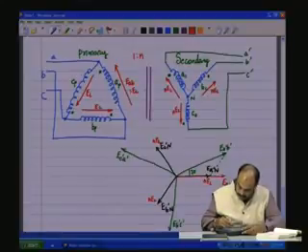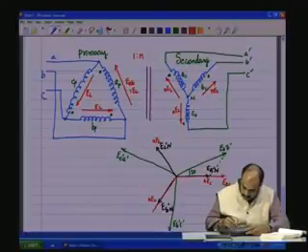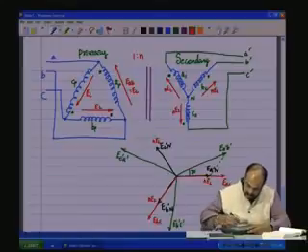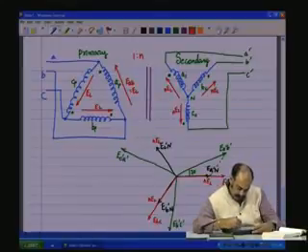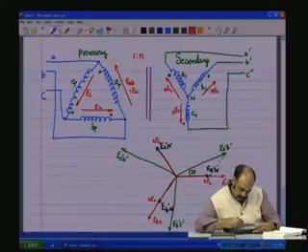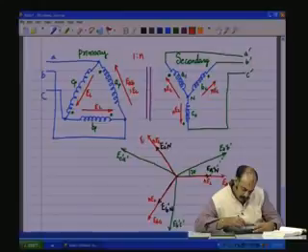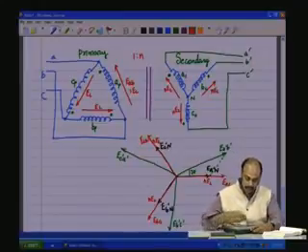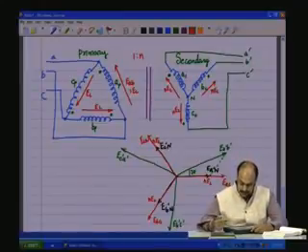E A B, E B C, E C A of the primary circuit.